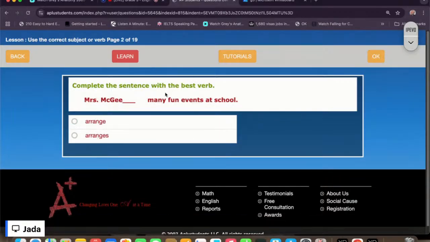Okay, this is the best verb also. Mrs. McGee dash many fun events at school. Arrange or arranges?